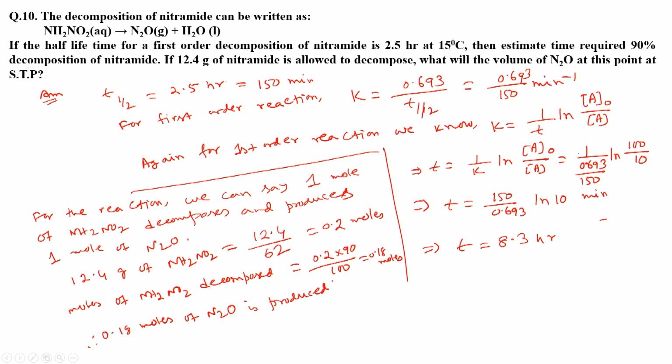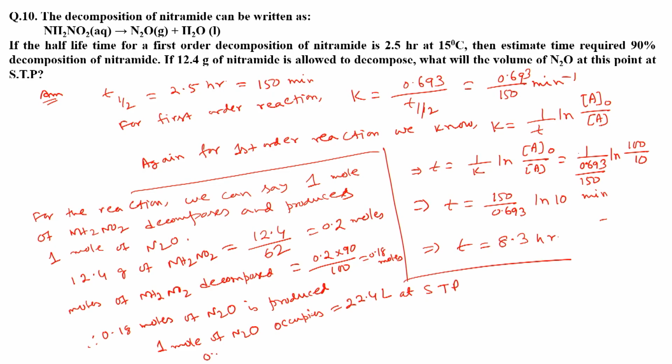Okay, so N we have got. 1 mole of N2O occupies 22.4 liter at STP, right? We know that.